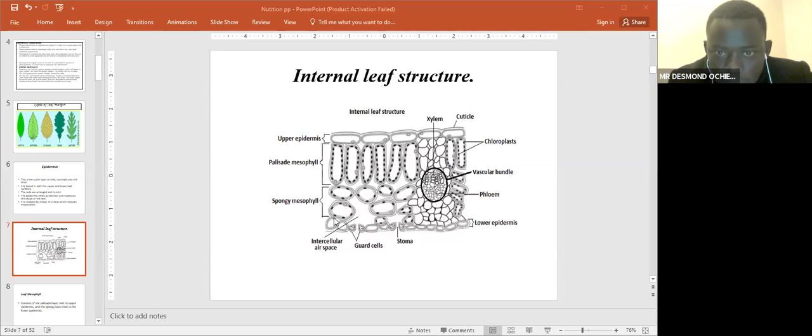The Spongy mesophyll cells also have chloroplasts, but they are fewer compared to the Palisade mesophyll cells.